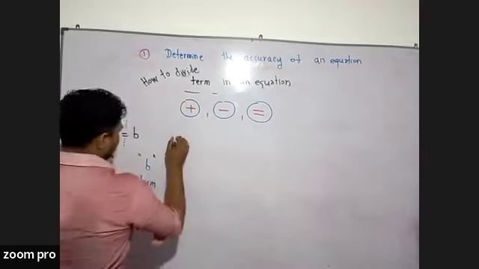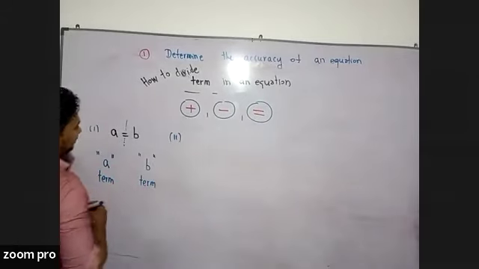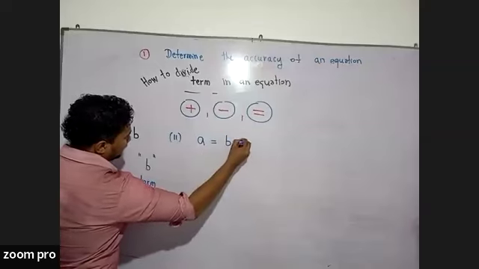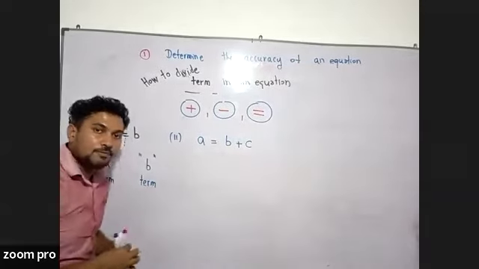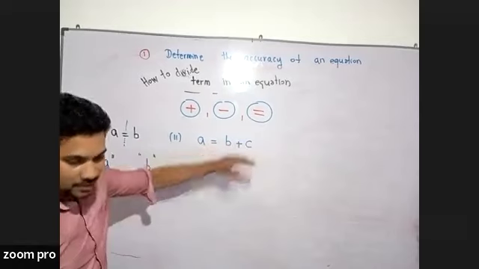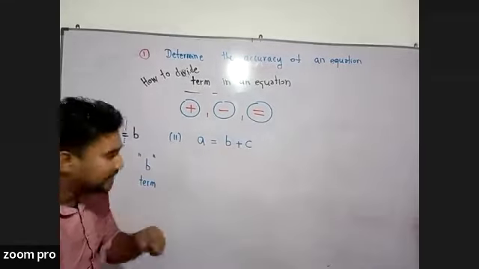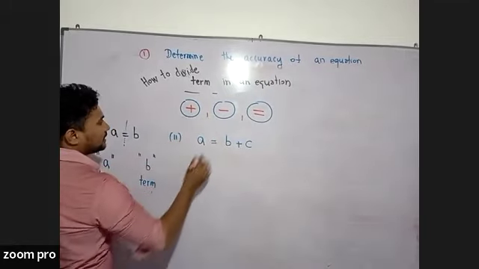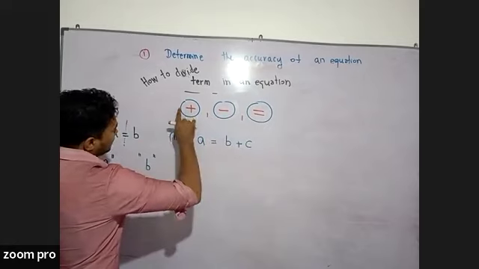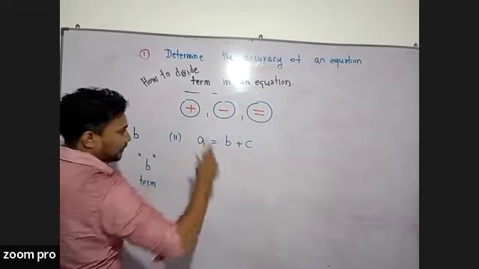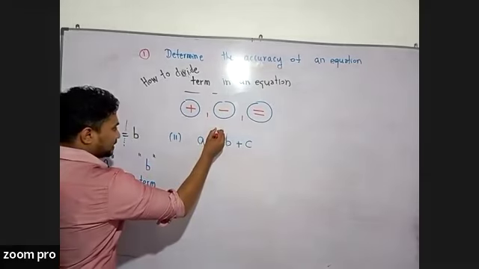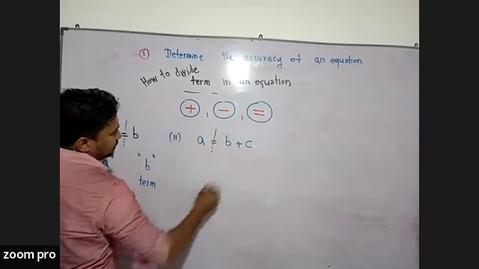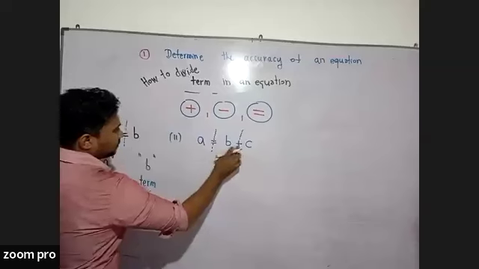Having an idea about the term is very important later, right? So let's take another example. Let's call it A equal B plus C. Now, I want to know how many terms are in this equation. How should we do that? You don't need to draw a line, right? You can easily figure it out. But initially, as I mentioned, these three signs help to divide into terms, right? So here there's an equation sign, and here there's an addition. So that means let's draw a line from this point.